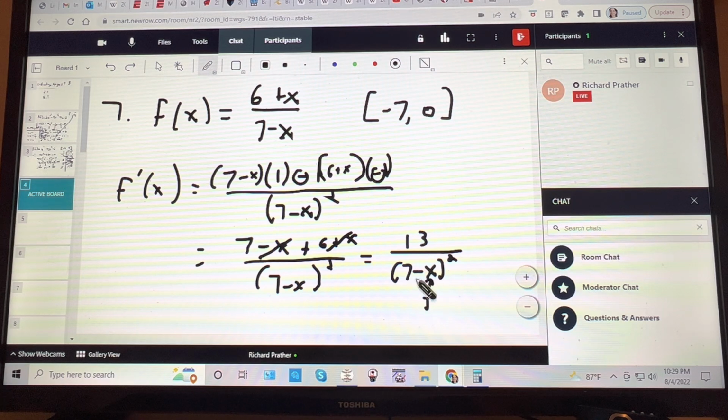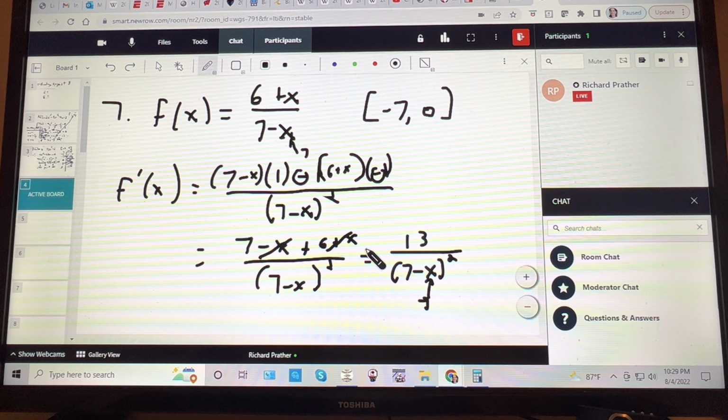If you had 7 minus 7, 0 squared would be 0. But it turns out that's not a critical number if it also makes the original undefined, which it does. So 7 minus 7 makes the original undefined because there's actually a vertical asymptote there. So you can't have a critical number at a vertical asymptote since there's nothing there, literally.